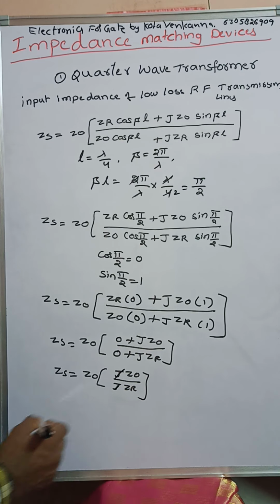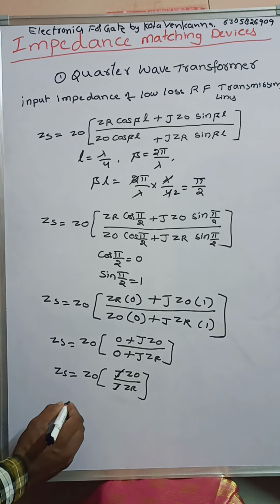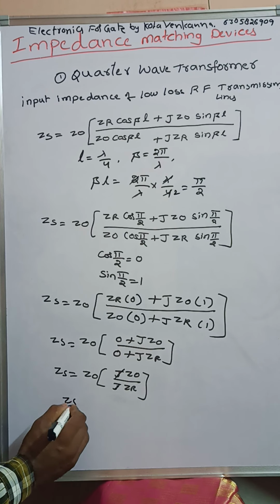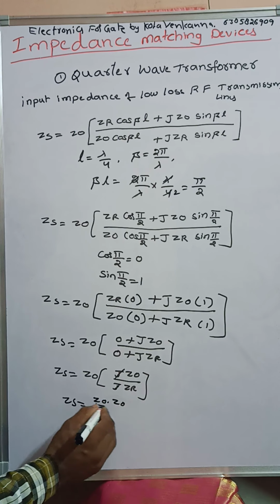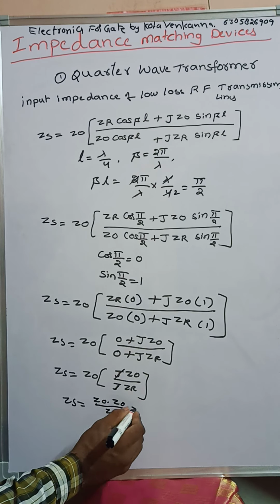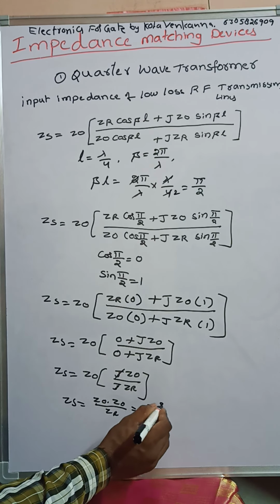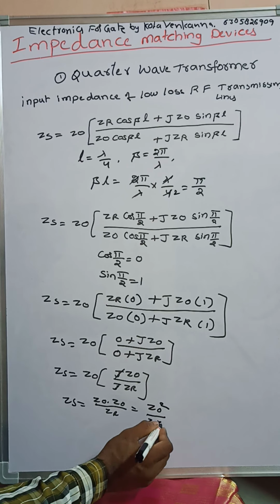The j's cancel. The equation is Zs is equal to Z0 into Z0 by Zr, that is equal to Z0 square by Zr.